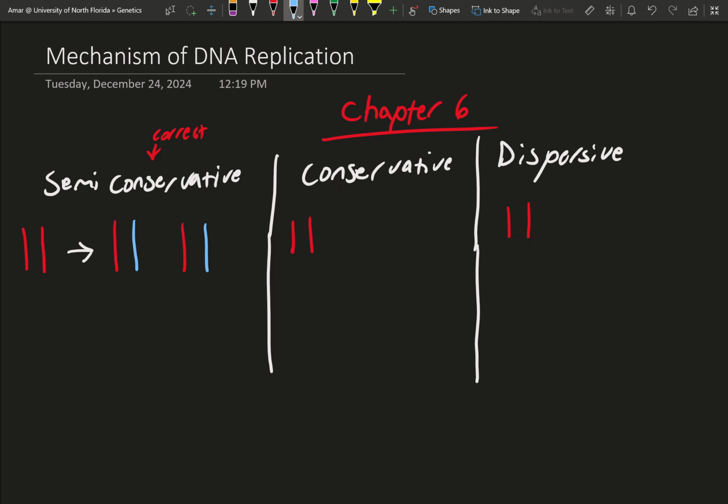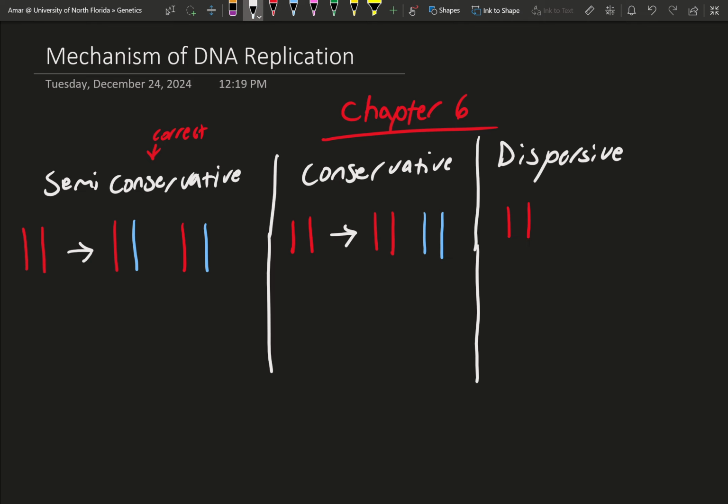The conservative model, on the other hand, suggests that you would end up with a duplex that contains only the parental chromosomes, separate from the newly synthesized chromosomes. So after replication, you would end up with two duplexes, one with the original parental strands and one with newly synthesized chromosomes.